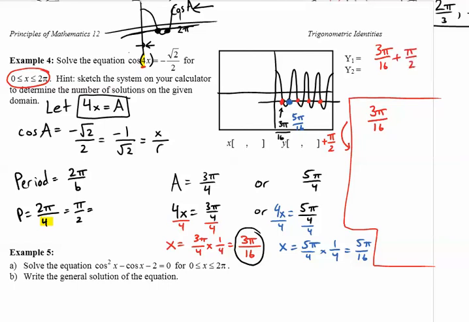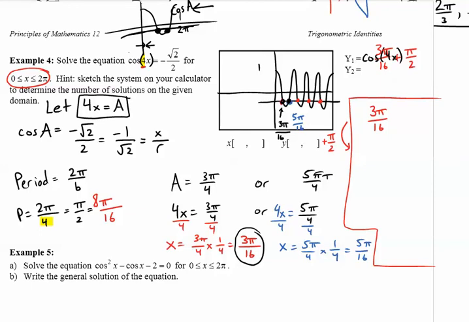I need a common denominator, so instead of pi over 2, I'm going to write this as something over 16. I need to multiply the top and the bottom by 8, so pi over 2 is the same as 8 pi over 16. So instead of adding pi over 2, I'm going to add 8 pi over 16.